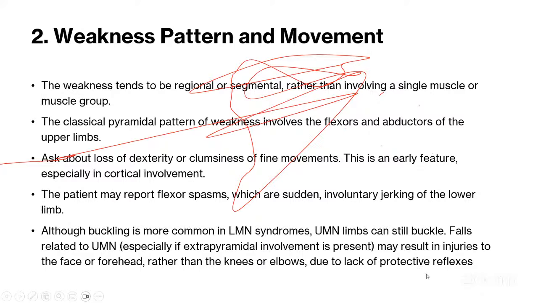Falls related to UMN will cause forehead injuries because they won't land on the elbows. Whereas in an LMN lesion, the protective reflexes are still there, so when they fall, they'll have injuries on the elbows and knees.